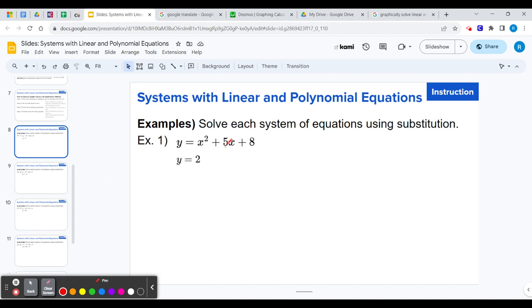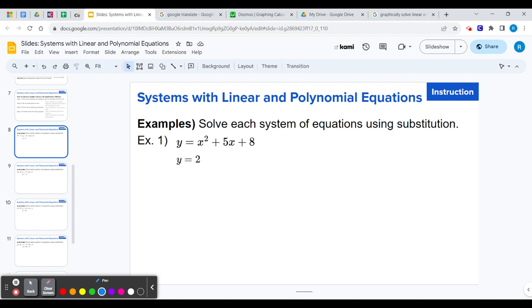Our system is y equals x squared plus 5x plus 8 and y equals 2. We have a degree of 2, so we might have a max number of solutions of 2. The first step is to solve and substitute to get an equation full of x's. I see that both of these are equal to y already.